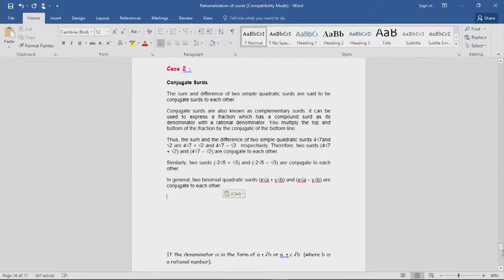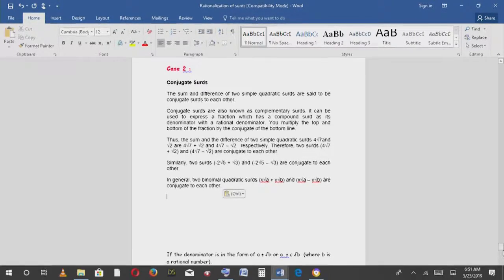Again, the sum and difference of two simple quadratic surds, example 4 root 7 and root 2, are what? 4 root 7 plus root 2, and the conjugate of it would be 4 root 7 minus the root of 2.